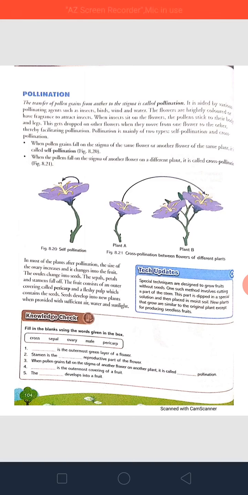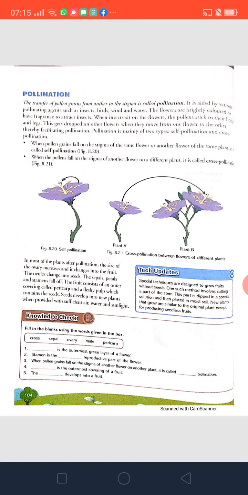Self means of the same flower. It means pollen grains are transferred from the anther to the stigma of the same flower, or another flower but belonging to the same plant. The plant should be the same, beta. That is known as self pollination.